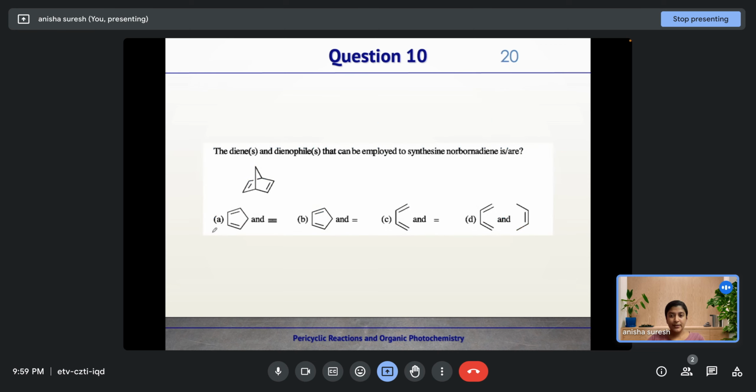Now coming to the next question. The diene and the dienophiles that can be employed to synthesize norbornadiene are. So they have given four options.